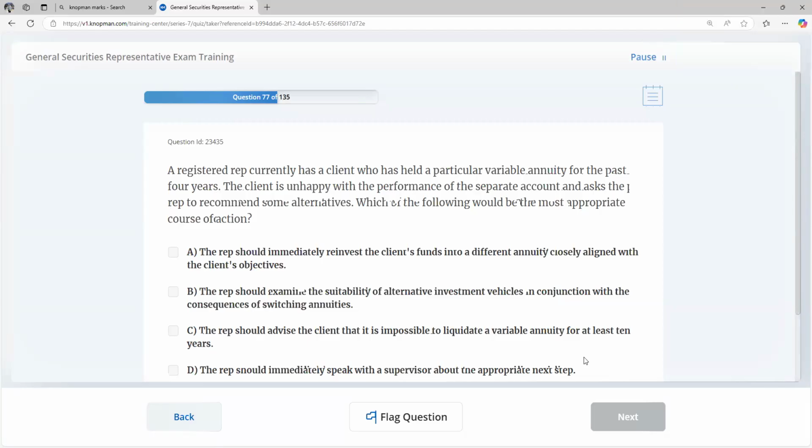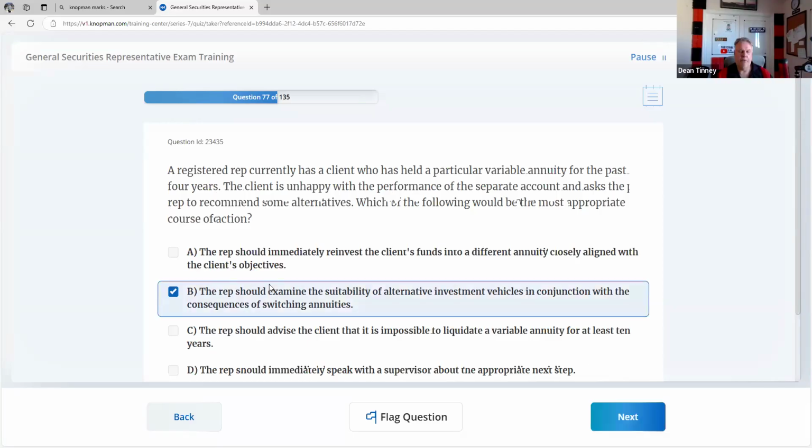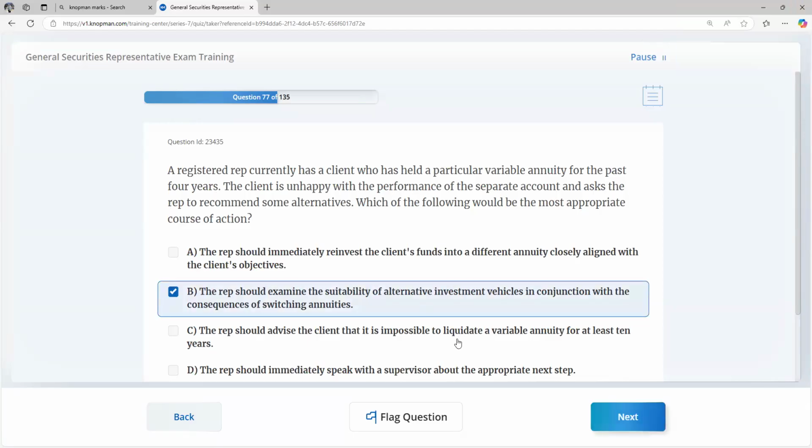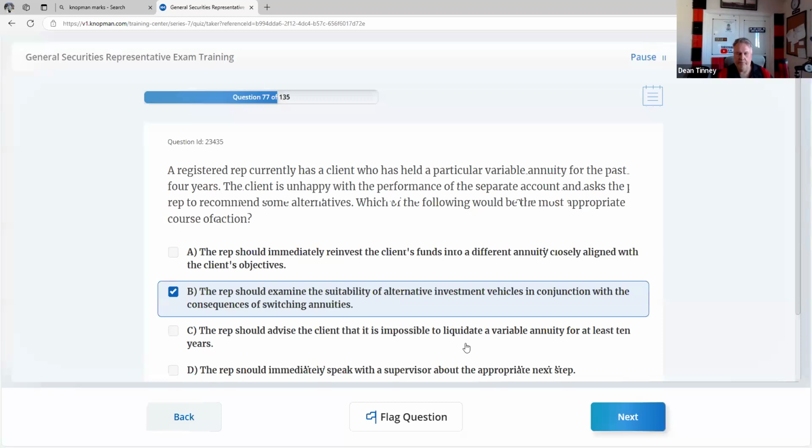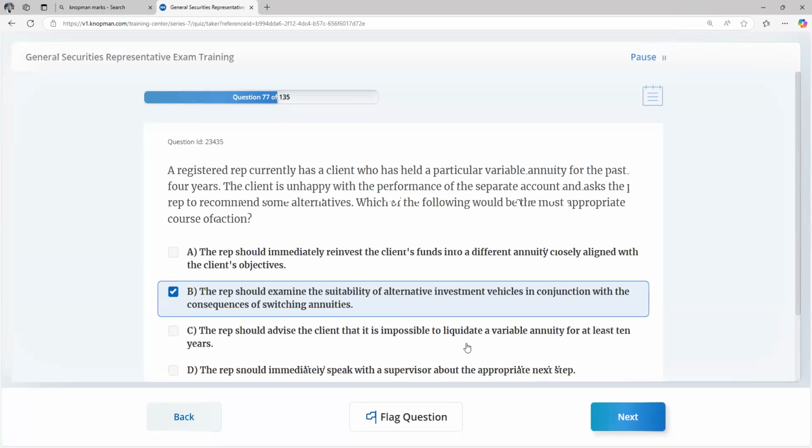The rep should examine suitability of alternative investment vehicles in conjunction with the... I think it's B. Yeah, that seems like the most reasonable answer. Like once annuities are annuitized, there's no going backwards at that point. Yeah. Okay. So I think B is the best answer.